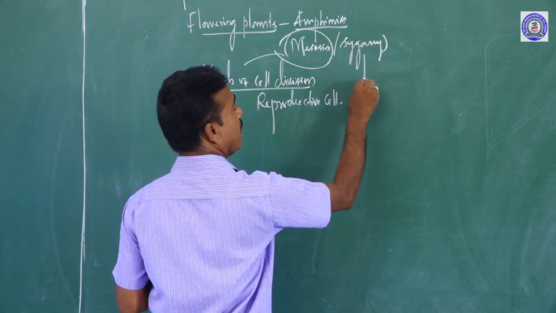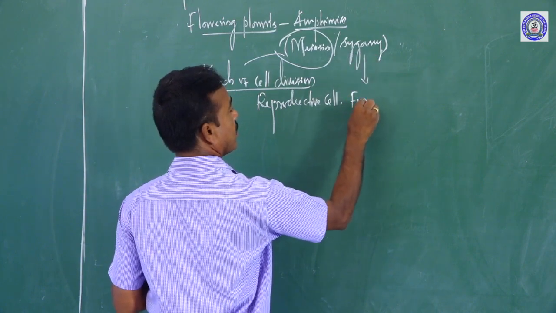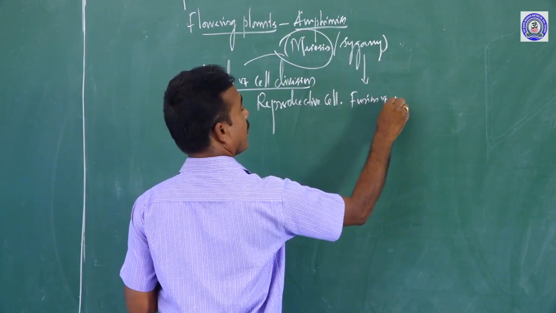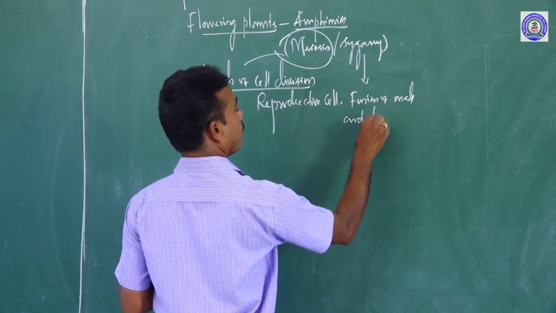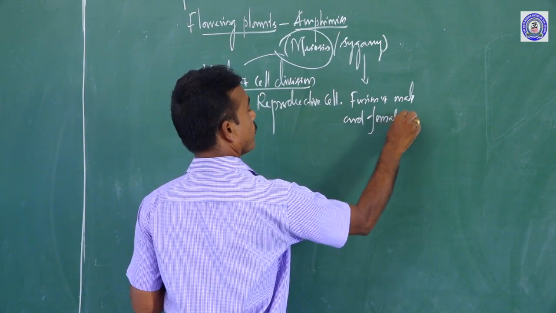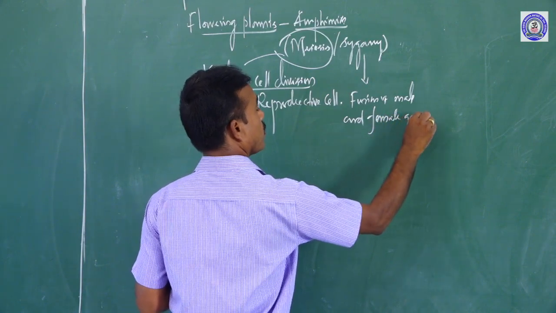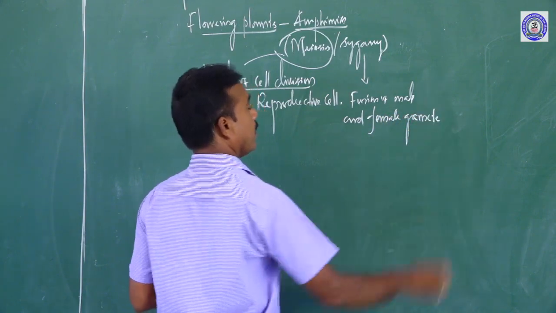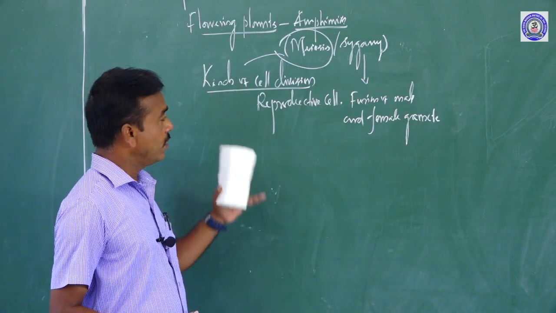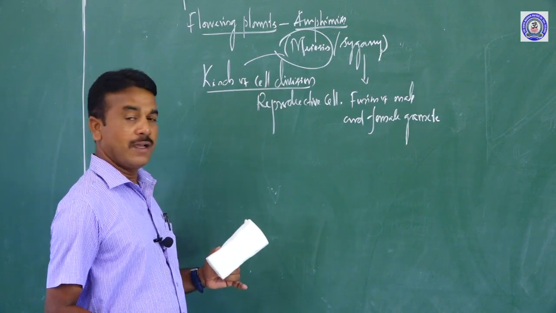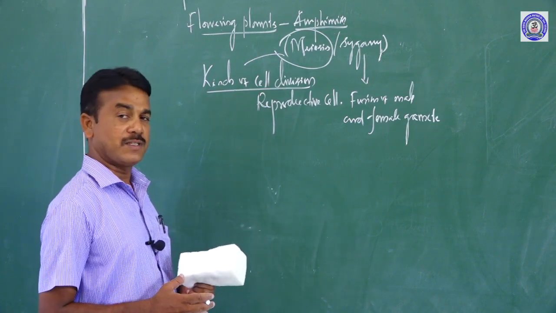Fusion of male and female gametes. So in flowering plants, fertilization takes place as well as cell division.